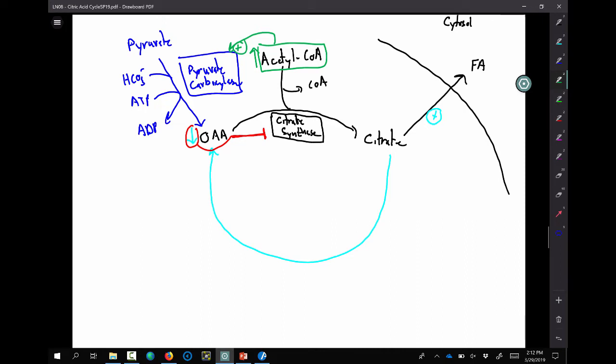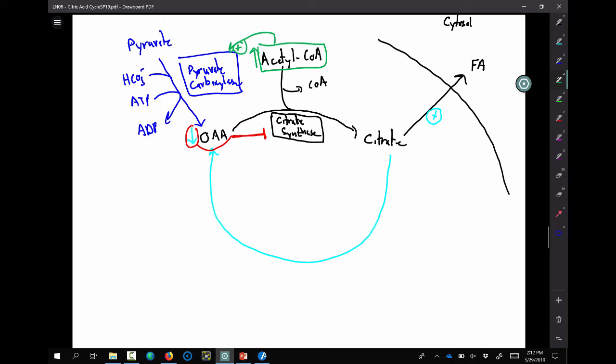Okay. And pyruvate carboxylase, if you remember, is found exclusively in the matrix of the mitochondria. Right, so rising acetyl-CoA concentration will activate pyruvate carboxylase, which will then start to replace oxaloacetate, using pyruvate to do so. Okay. And that combination of things will maintain what would be considered the homeostatic stasis of the cell, or essentially the steady state of the citric acid cycle.